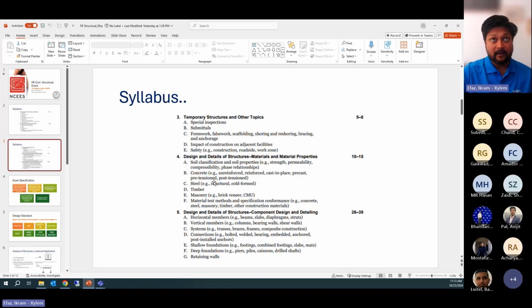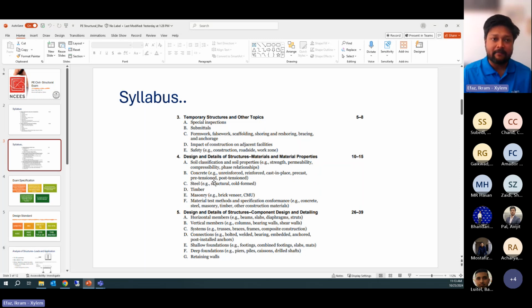I'm not saying that you can ignore one of those, but let's say you study the entire thing and then you don't have time to study either timber or masonry, you can actually leave one of those, because only 10 to 15 questions will come probably from masonry or timber. There will be 2 or 3 questions. So if you are focused on the other questions really well, leaving one of those sections is fine.